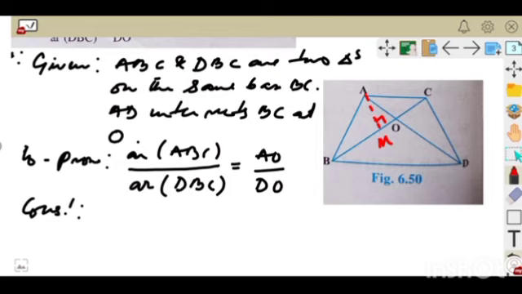Like that, from D on this BC, let me draw a perpendicular, and here I'll give N. Here AM is perpendicular to BC and DN is perpendicular to BC.